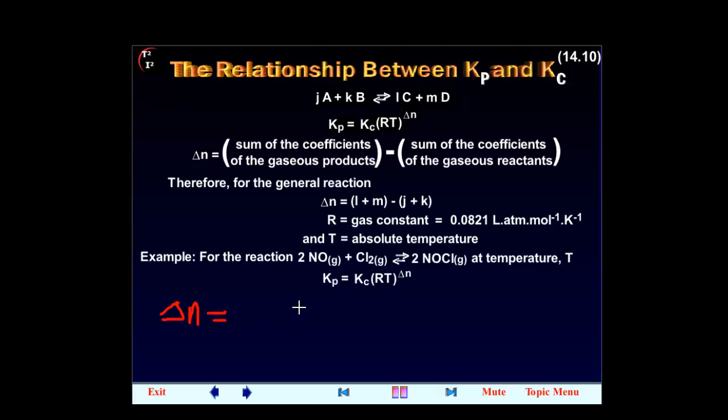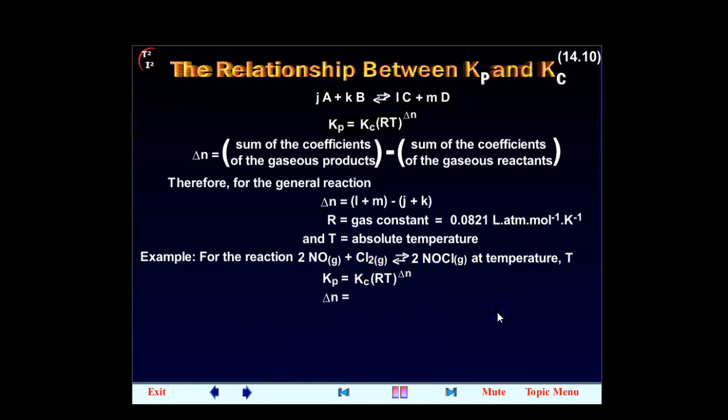In this case, when you look at delta N, the coefficient of the product is 2, minus the sum of the reactants. The reactants are 2 plus 1, right? That means you have 2 minus 3, which equals negative 1. It is products minus reactants. All right?